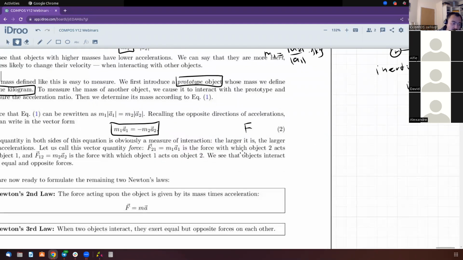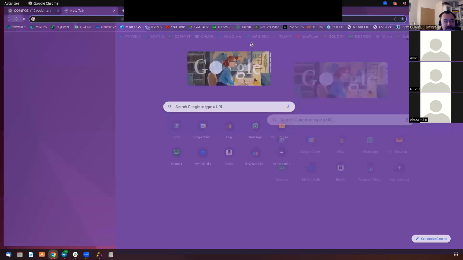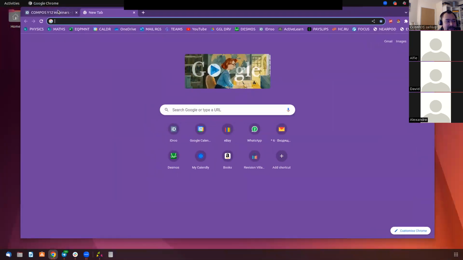So the question is, what is a force? Well, it's the product of the mass, which is defined here, times the acceleration. The acceleration is very well defined, so it's very easy to understand what acceleration is. Mass, on the other hand, is much more difficult.